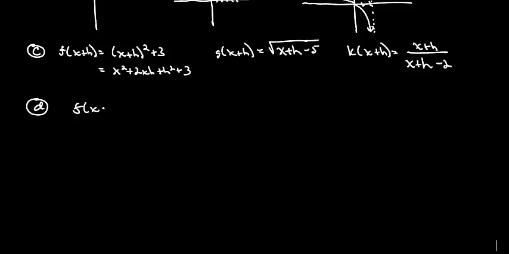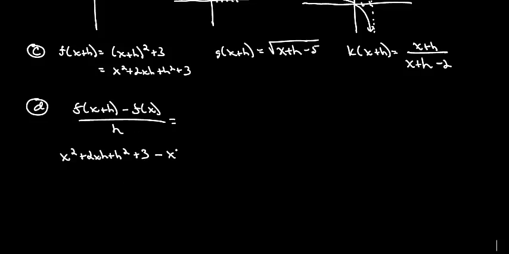So we need f at x plus h minus f of x over h. So here's f of x plus h. Then we have to subtract off f of x and divide by h. The x squareds cancel, the 3's cancel.